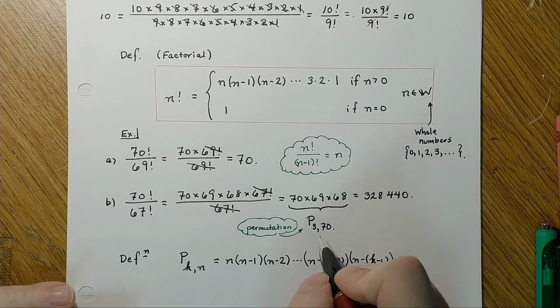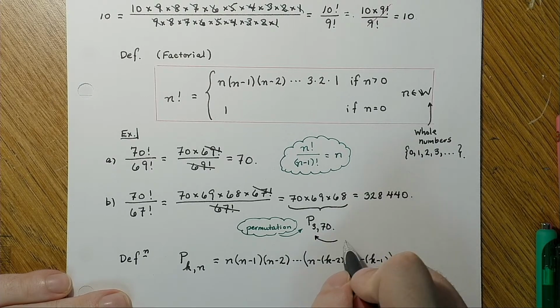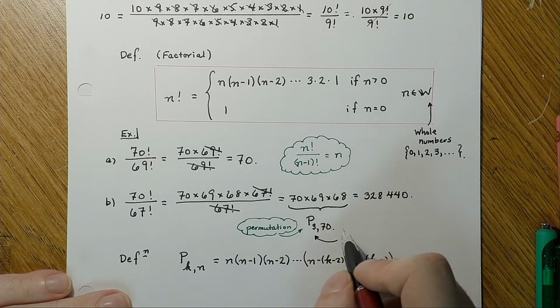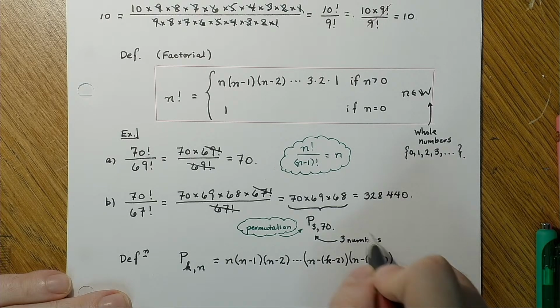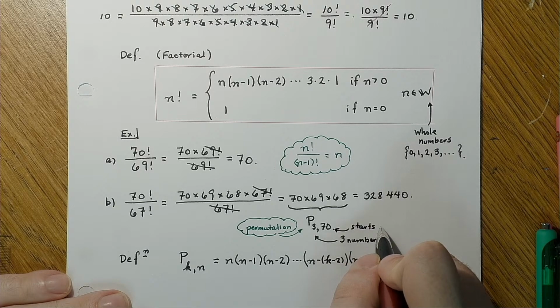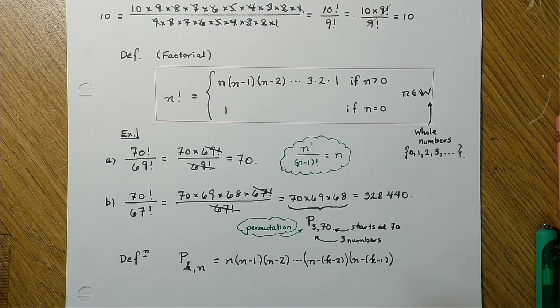But as long as you can remember that this means it's going to be 3 numbers, and it starts at 70, you'll be able to reconstruct that.